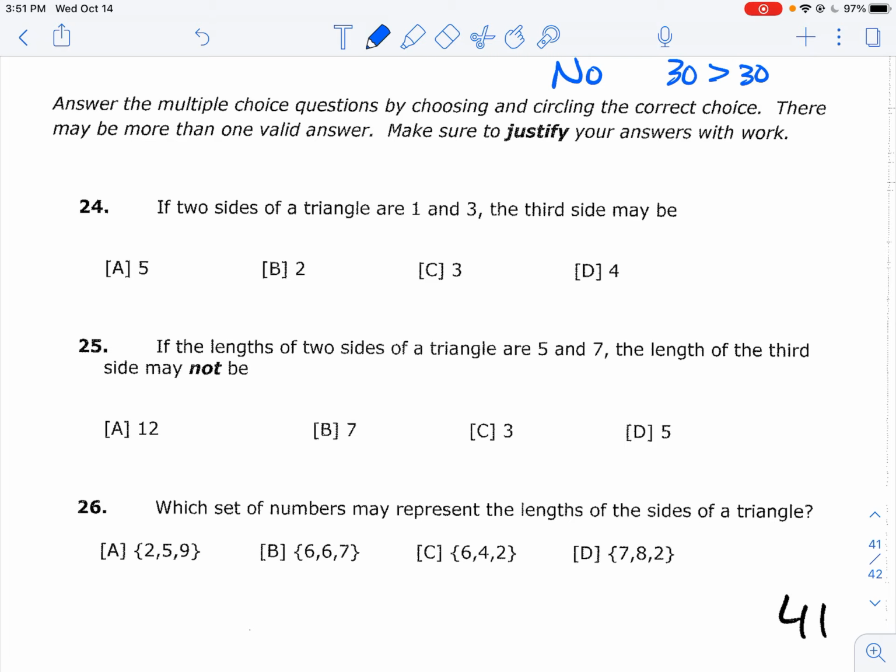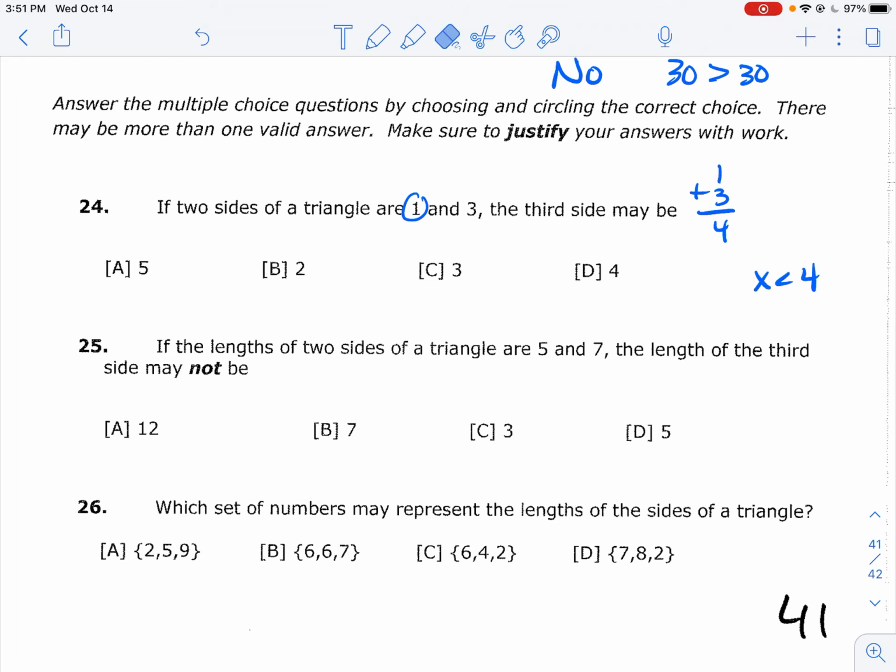Question 24, if two sides are 1 and 3, the third may be, well, if these are the two shorter sides, 1 plus 3 is 4. So the third side would have to be less than 4. So let me just make sure. Yep, x is less than 4.